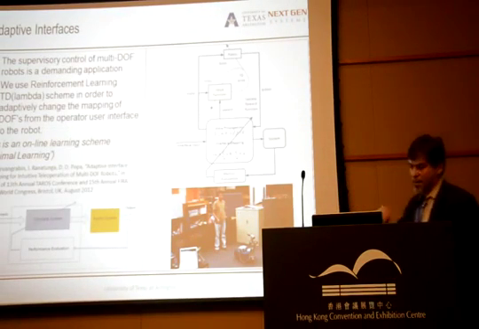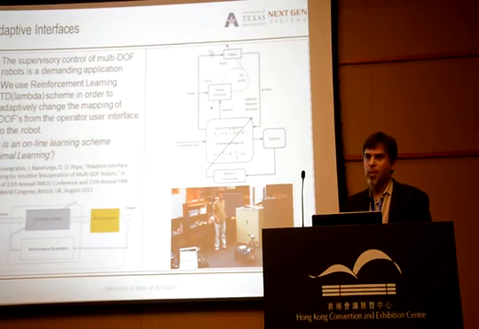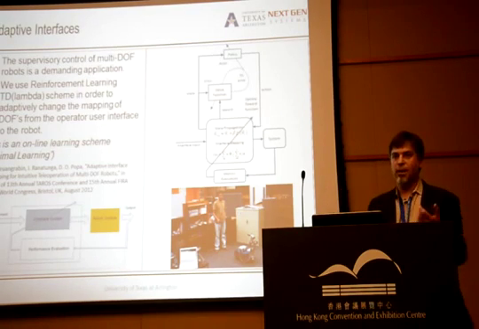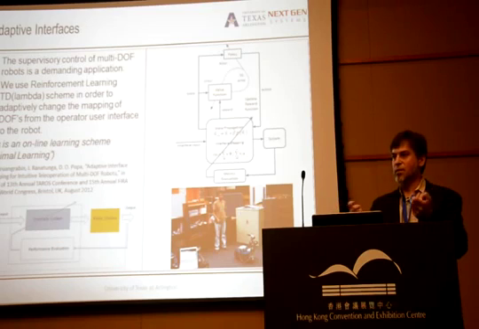So what we're doing lately is actually we're not learning any policy. When you're teleoperating, what is changing is the map between the interface input of the operator and the effect it has on the robot. Imagine you have a joystick and you're driving a robot.